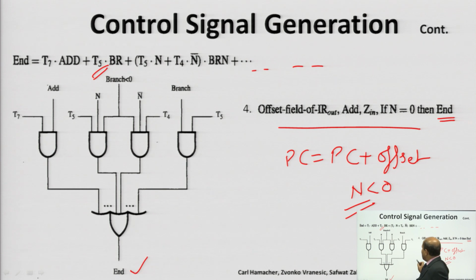You can see it is a combination of AND and OR gates, and based on these connections the End signal will be generated. So, this way hardwired control will issue different control signals to execute any given instruction.